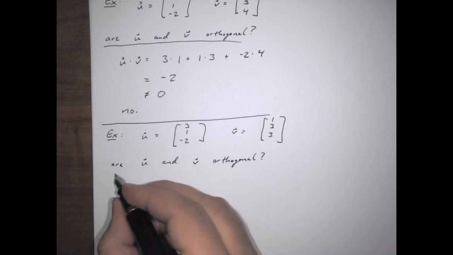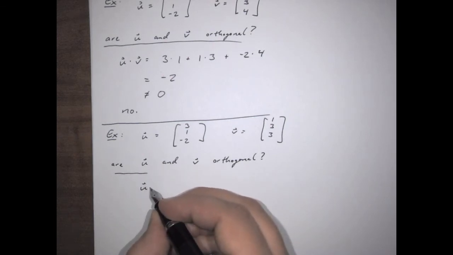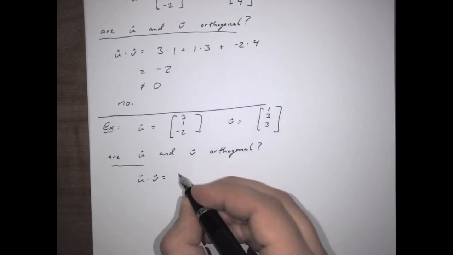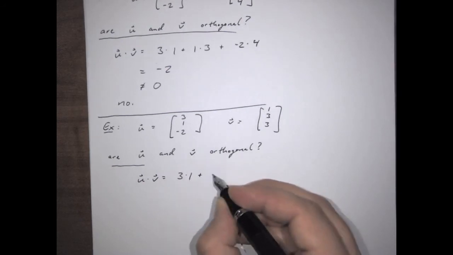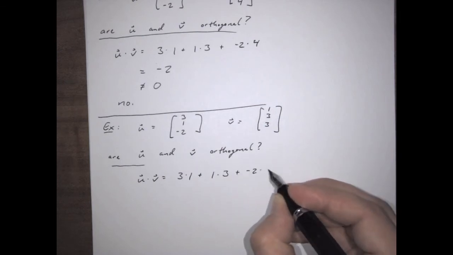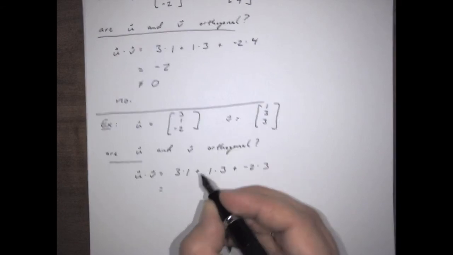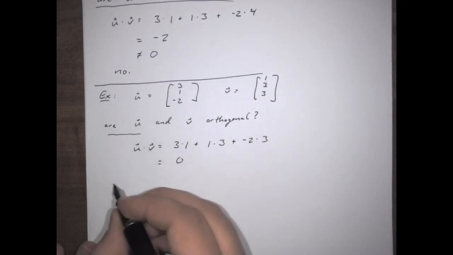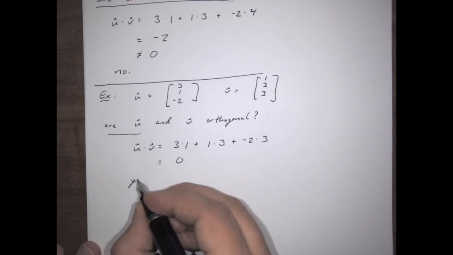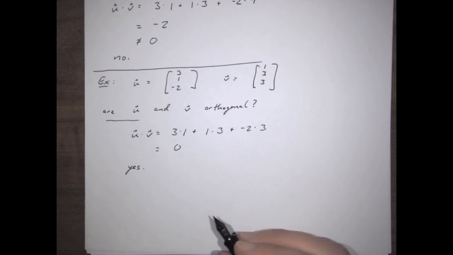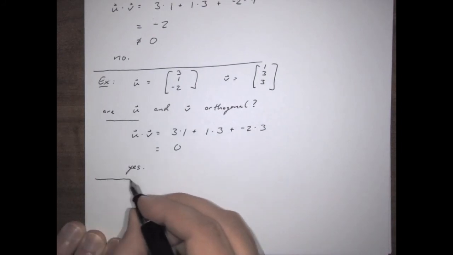Well, let's find out. u dot v is equal to 3 times 1 plus 1 times 3 plus negative 2 times 3, which is equal to 6 minus 6 equals 0, and the answer is yes. Alright, so that's how you determine if two vectors are orthogonal or not.